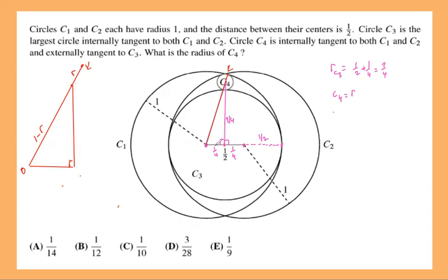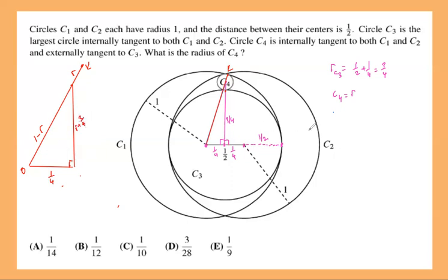This one was 1/4. I'd like to know this segment in terms of R so I can use the Pythagorean theorem, which is possible because this point to this point is the radius of C3, which is 3/4, and this part is the radius of the smallest circle C4. So this is R plus 3/4.